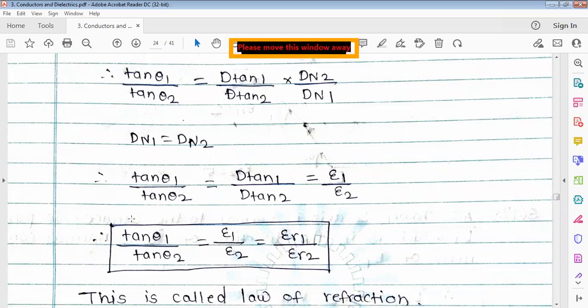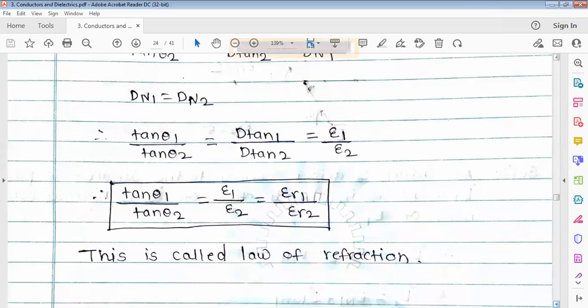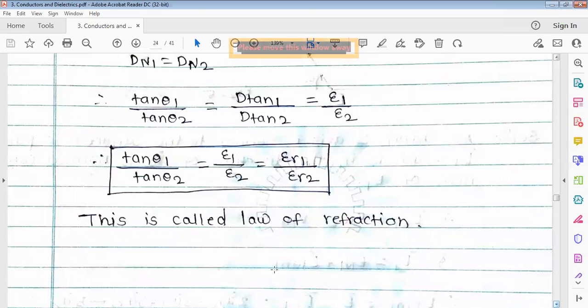Therefore tan theta 1 divided by tan theta 2 is equal to d tan 1 divided by d tan 2. Now tan theta 1 divided by tan theta 2 is equal to epsilon 1 divided by epsilon 2, which is epsilon r1 divided by epsilon r2, and this is called the law of refraction.